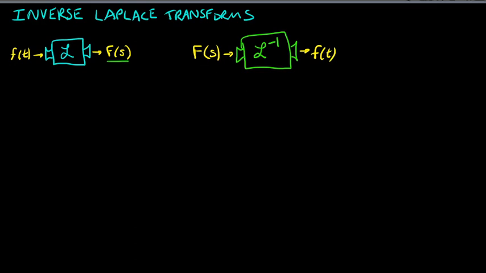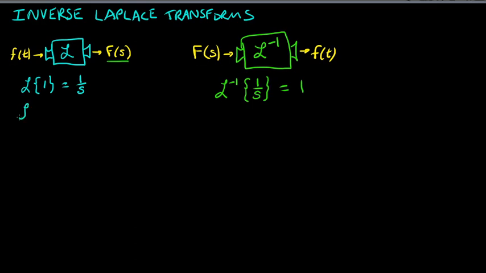Since we already know the Laplace transform of quite a few functions, let me just remind you what they were. The Laplace transform of 1, of course, was just 1 over s. So now, in terms of the inverse Laplace transform, if we take L inverse of 1 over s, we just get 1, right?